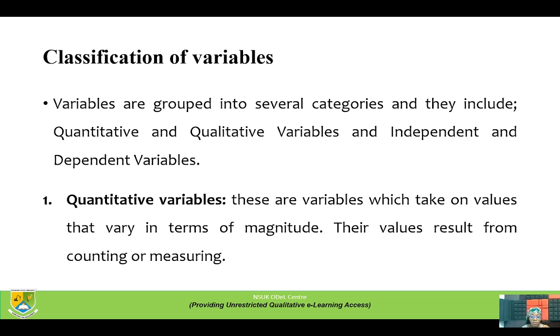For the quantitative variables, these are variables which take on values that vary in terms of magnitude. Their values result from counting or measuring. That's what should first come to mind when quantitative variables are mentioned: numerical values, counting.